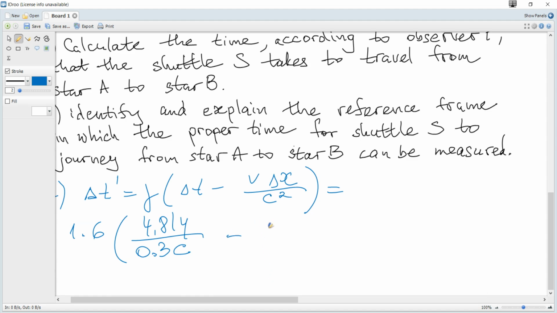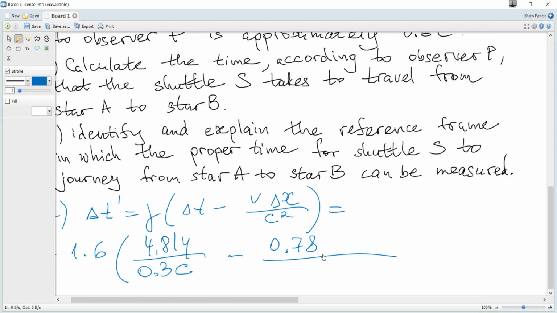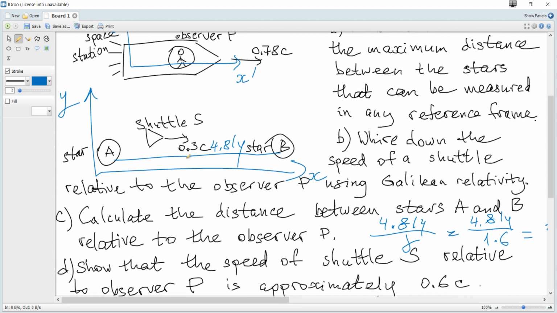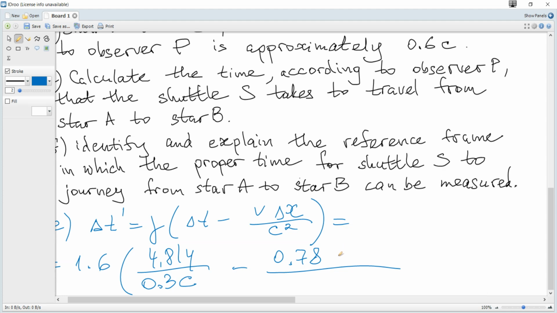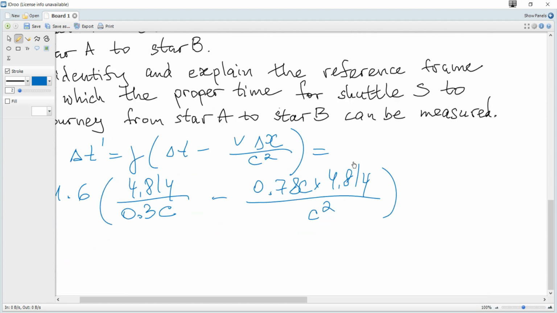Minus v, where v is 0.78, it's the speed of the moving reference frame relative to the stars. Delta x is the distance in this reference frame relative to stars. It's 4.8 light years, and the c here, and over c squared.